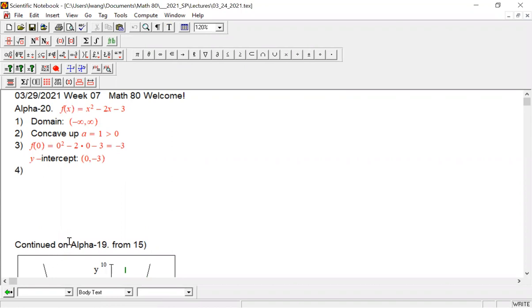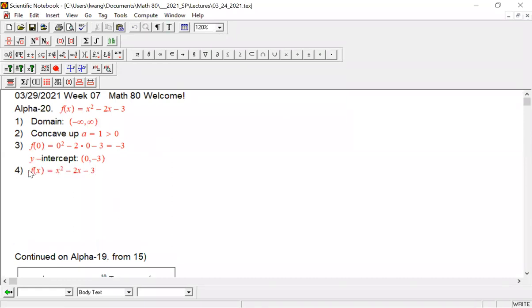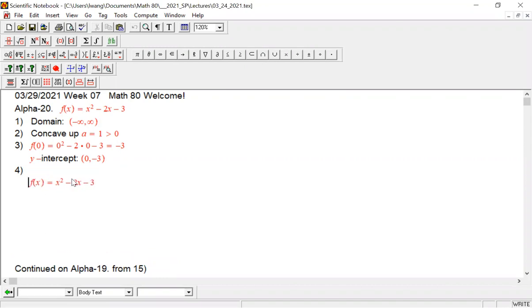completing the square. This time, you guys are going to take the lead to complete the square. Completing the square. What do we get?